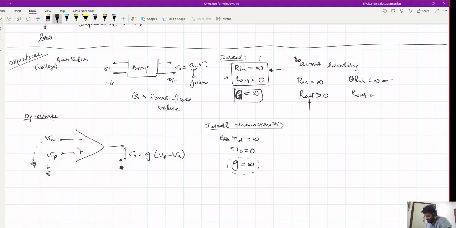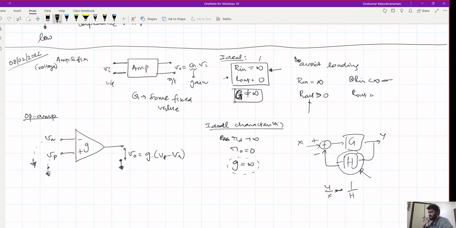Right. So by having this gain to be large, we saw that if you now implement a negative feedback circuit like this, this is your input, this is your output, then the relationship between your input and output is approximately equal to 1 by h, which is only determined by what is connected in the feedback path.